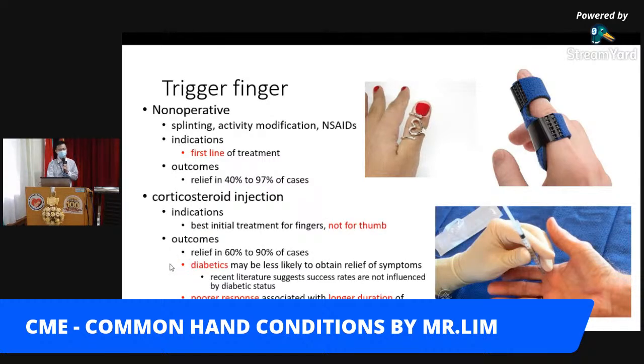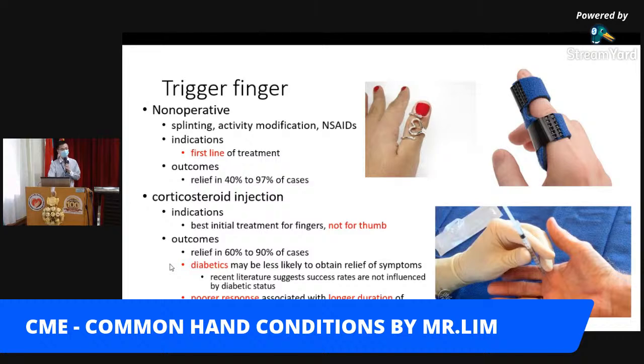Next is steroid injection. This is really not for the thumb, as the thumb is a little bit different from the other fingers. As you might notice, our thumb is 90 degrees in orientation to the other fingers. So the nerves and the arteries, they will rotate together with the thumb.